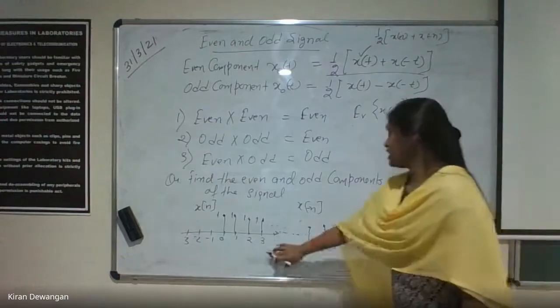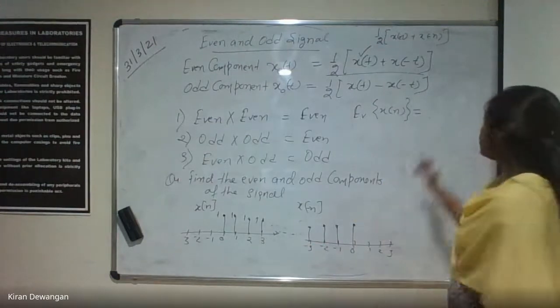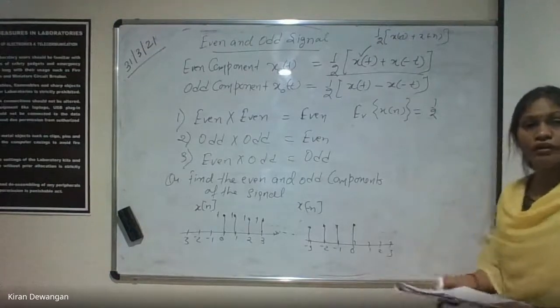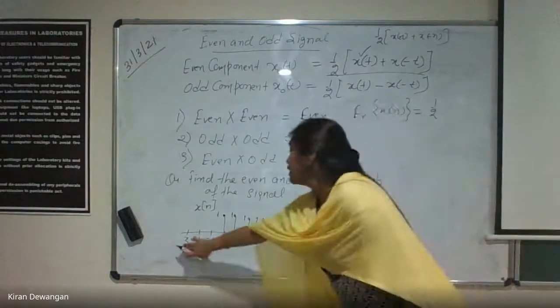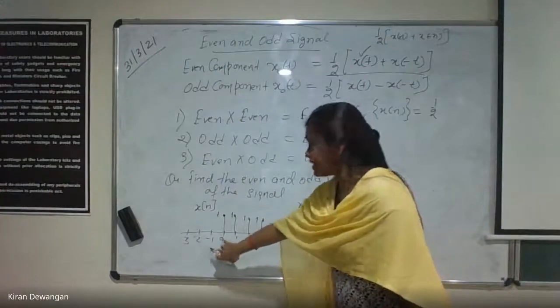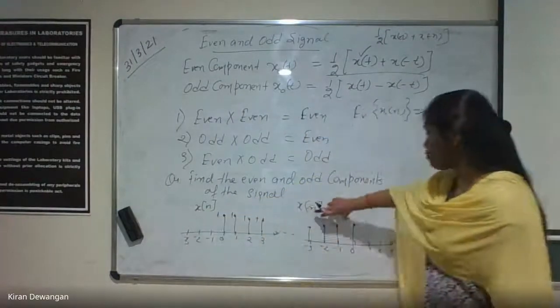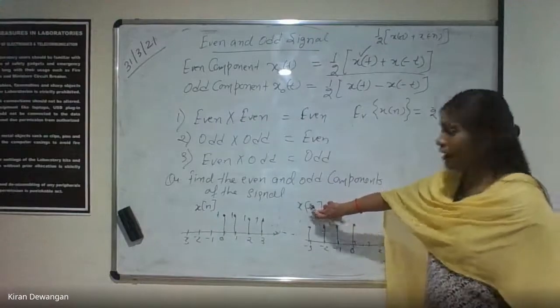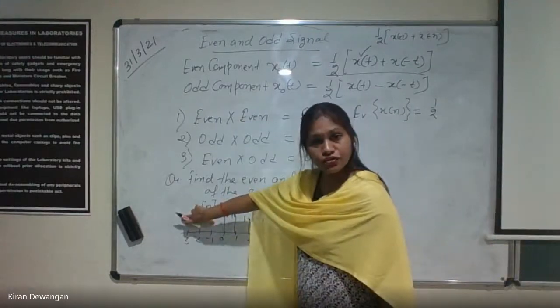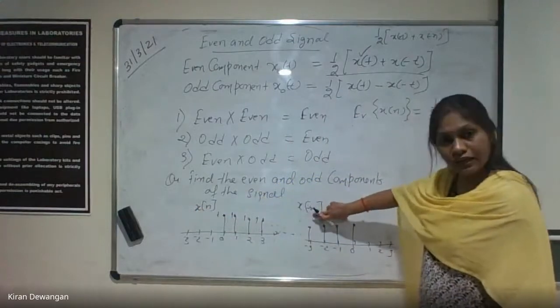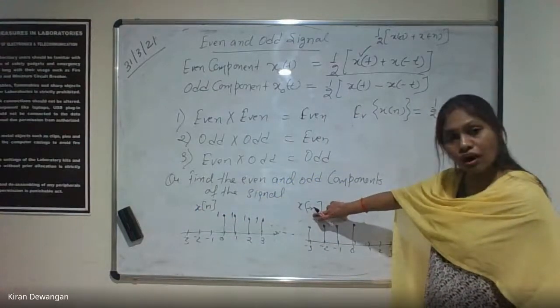If we add these two, the values are 1 by 2. ये सारे values आपके negative n side के ये और ये add होंगे. Here this is 0 and these values are 1. Here all the values for negative n will be 0 and for x of minus n, negative n are all 1.